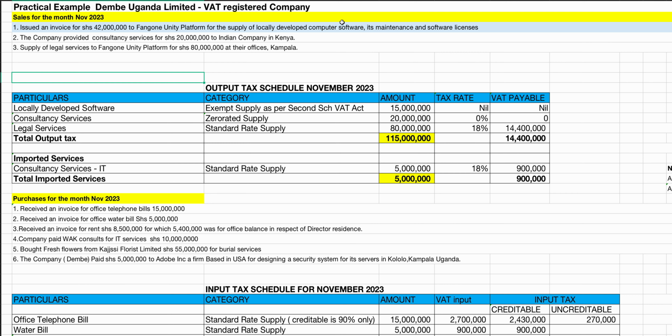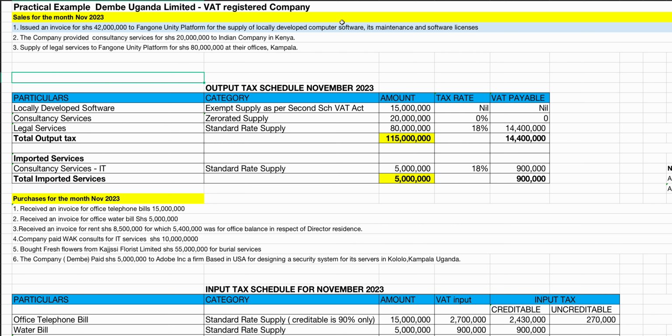Yes, here they're saying we issued an invoice to Fangon Unity platform. Don't mind about the example, we're just using the name. It's not for any political use or anything.